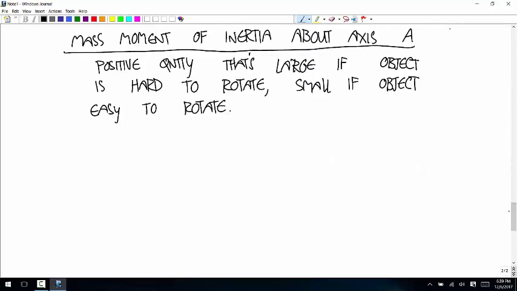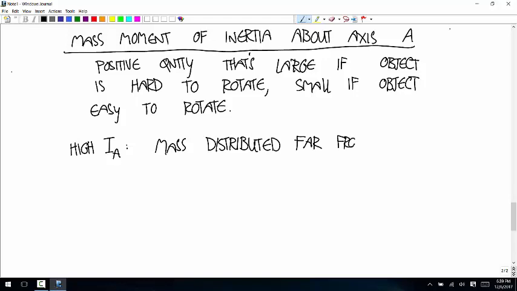So mathematically, the way this works is something that has a high mass moment of inertia has a lot of mass distributed a big distance away from that axis A. So mass is distributed far from the axis A.